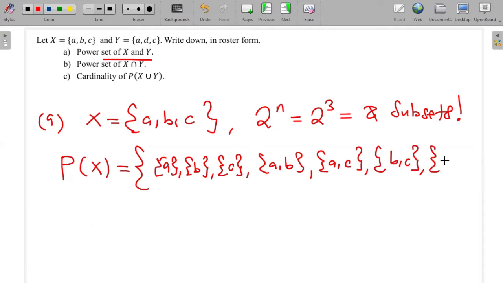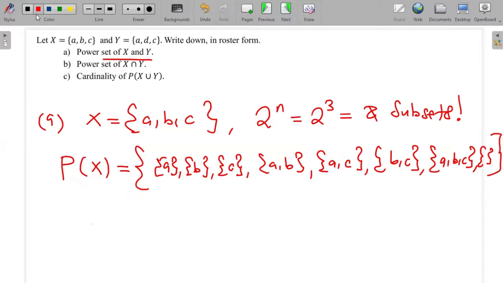I write the set itself here, and the empty set at the end. This is the power set of X.